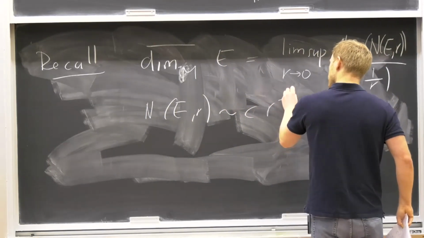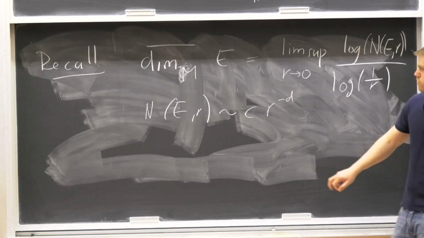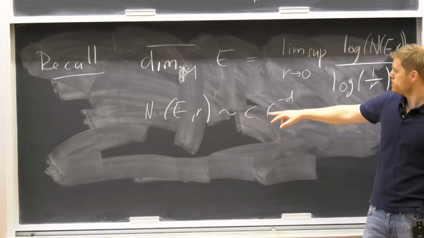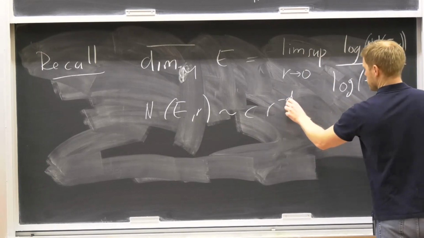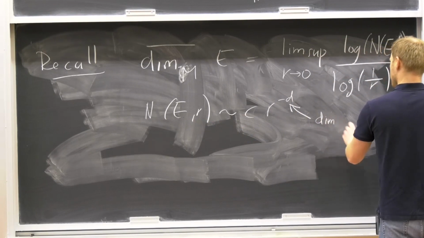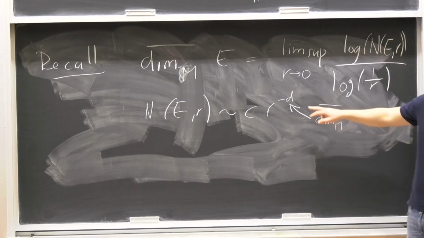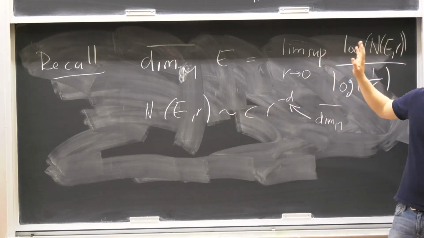But really, if the number of boxes that you need to cover E of radius R is proportional to R to the minus D, then D is the dimension. I have to be a little bit careful, because this suggests an actual limit, but really we just take the lim sup.